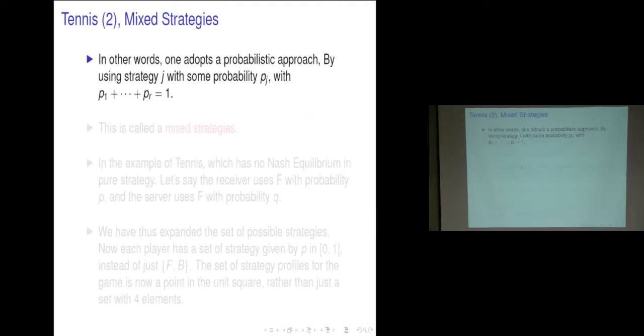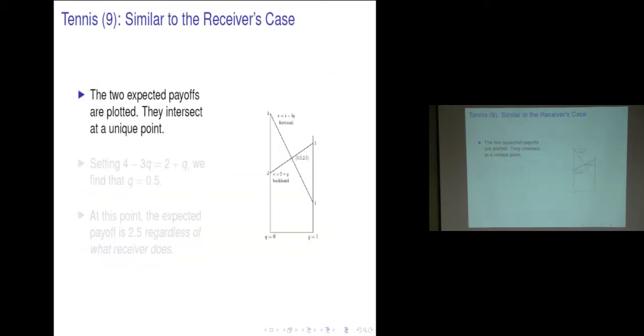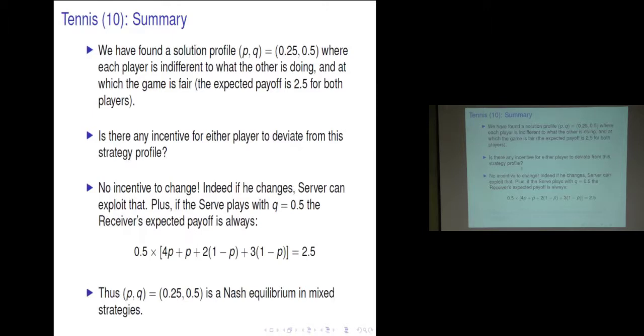So now her question is, instead of telling me what strategy you use, you give me this pair of numbers, P and Q. What does this mean? I believe that's the question. So this means player one should mix the prediction of forehand and backhand with this probability.